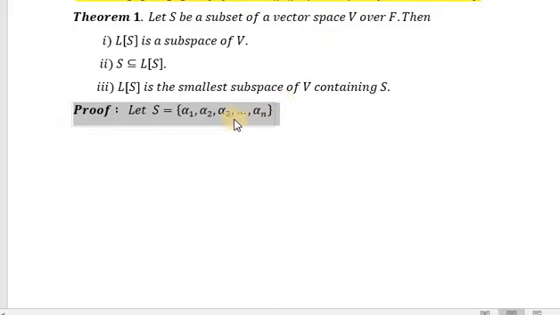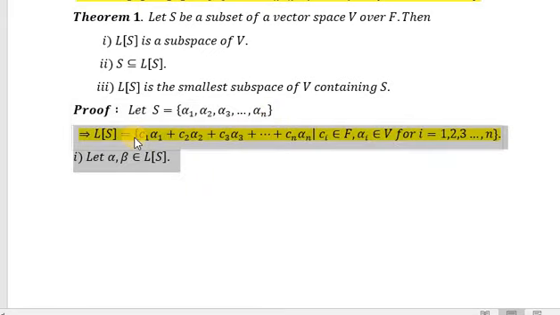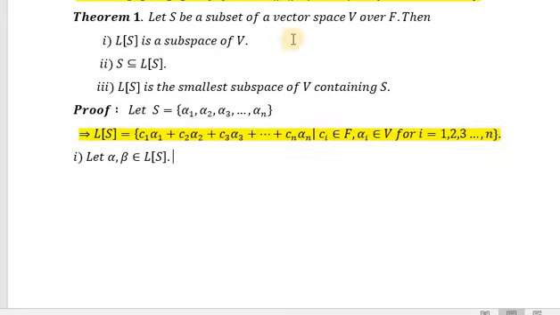Proof. Let S be the set of vectors alpha 1, alpha 2, alpha 3, and so on, alpha n. Then the linear span of S is L of S, that is equal to C1 alpha 1 plus C2 alpha 2 plus C3 alpha 3, and so on, Cn alpha n, by the definition, where Ci belongs to F and alpha i belongs to V for i equal to 1, 2, 3, and so on.